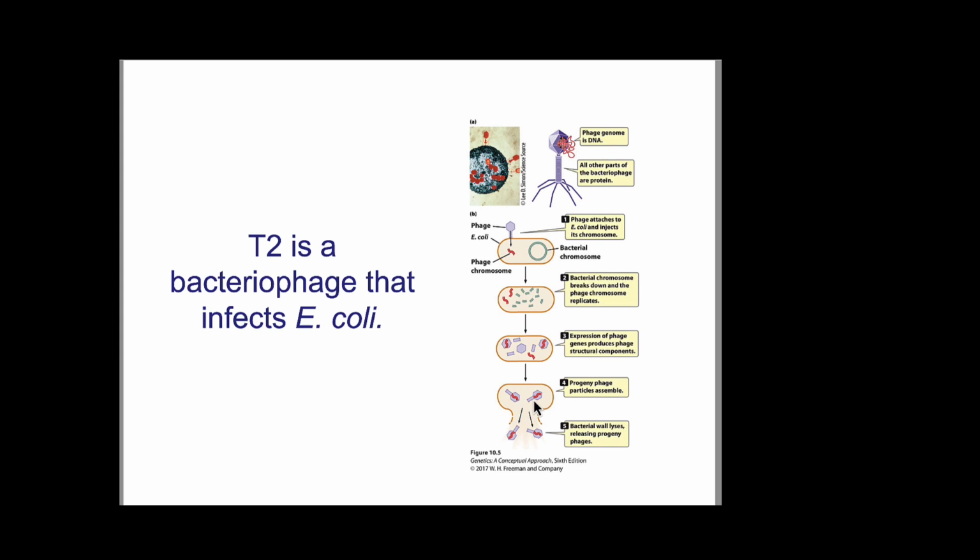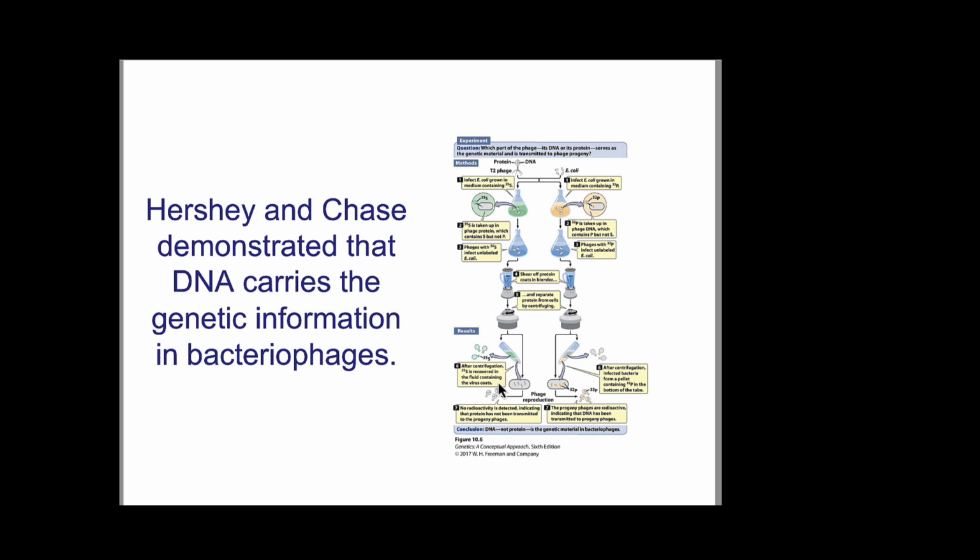So given this information, the Hershey and Chase experiment utilized their understanding of bacteriophages to further support what was the transforming principle. To do that, they used bacteriophages, but they used E. coli that was grown in two types of media, radioactively labeled sulfur S35 or P32.